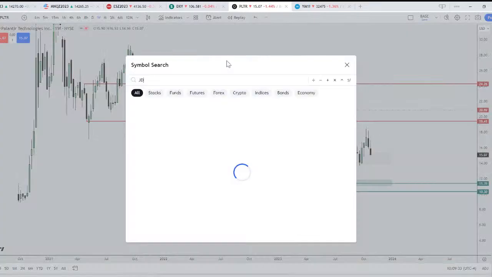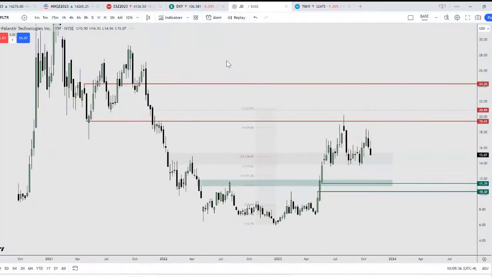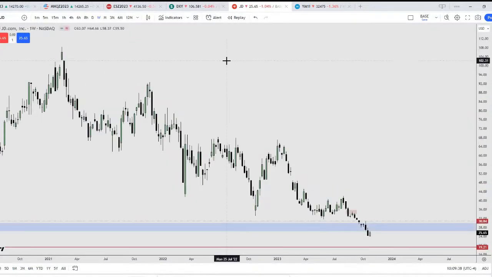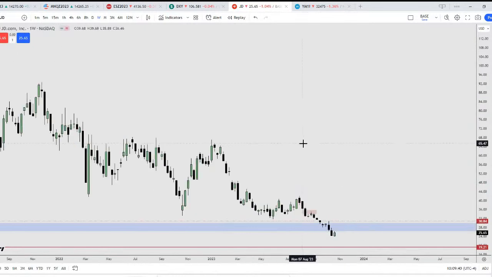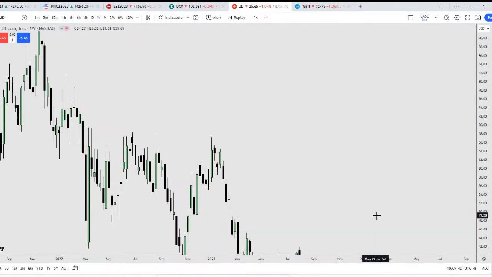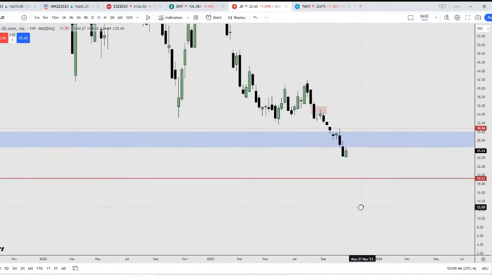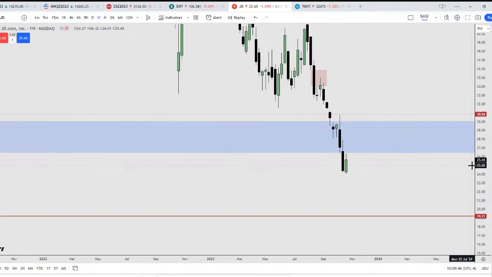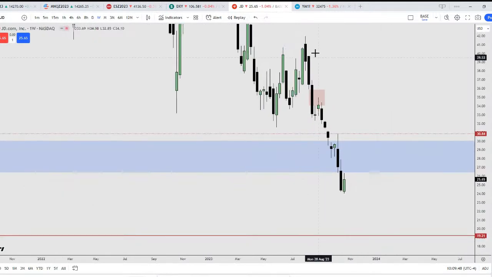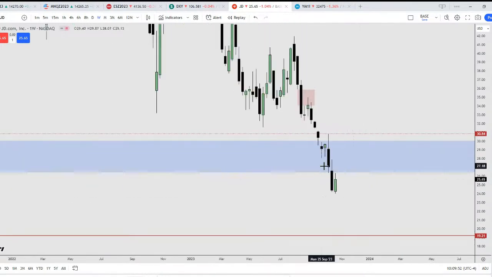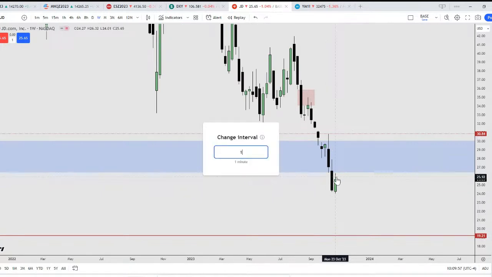JD. Okay, so JD here, perfect. This is what I want to see actually. Low resistance liquidity runs to objectives. The fact that it has closed below this BPR right here, I am leaning super and ultra bearish for JD.